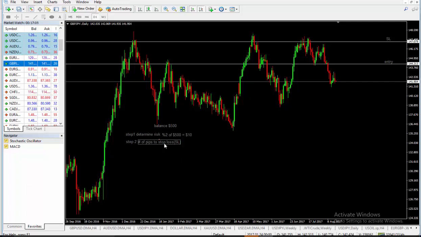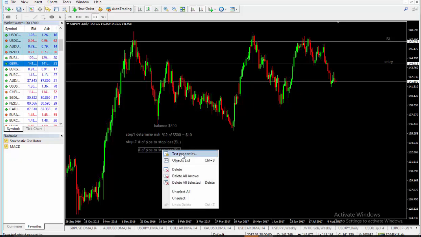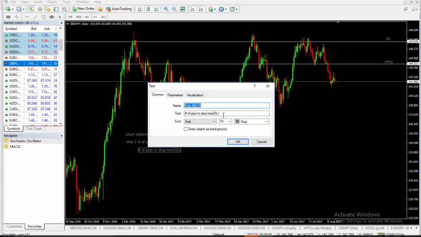Next thing what you want to do is remember you want to write this thing as a whole number, right? Where your stop loss is, as a whole number. So in fact you want to say stop loss subtract your entry.